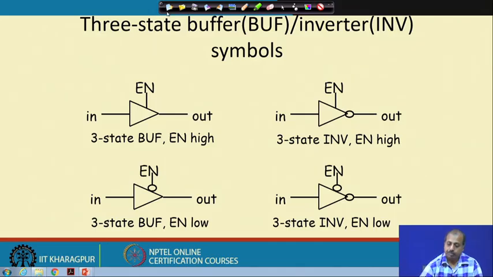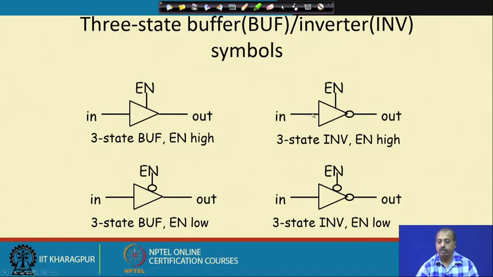Like that we have several names for this. If enable is 1, this is basically an inverter with some enable line. The enable itself may be an inverted enable, that is, the output will get the value of input provided this enable line is equal to 0.